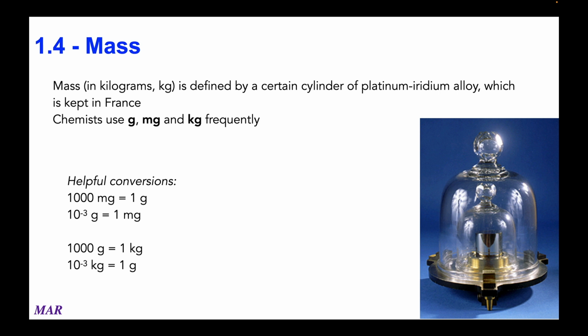So kilograms, milligrams, and grams are used a lot. 1,000 milligrams equals 1 gram. 1,000 grams equals a kilogram. So those are the ones that we'll use frequently as we go through this course. In biology, though, you might use, for example, a microgram, which is 10 to the minus 6 grams equals 1 microgram. So just realize there's going to be a few differences depending on where you are and what you're doing. But you can do all of this if you understand how this stuff works.